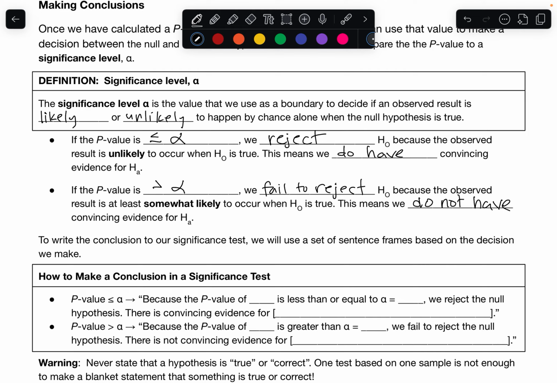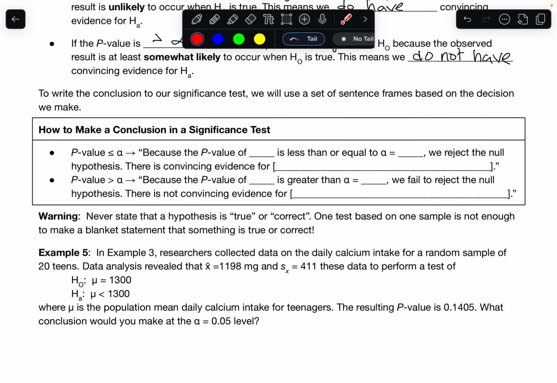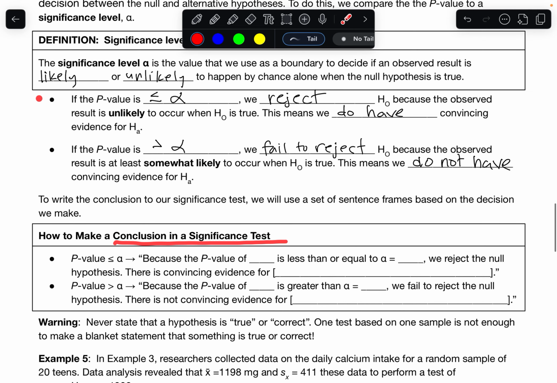You'll notice here that both of these bullet points make two statements, one about the null, one about the alternative. We're going to see that pattern in our conclude step when we're performing significance tests. Anytime we make a conclusion for a significance test, after we've made our decision up here, we're going to write two sentences.